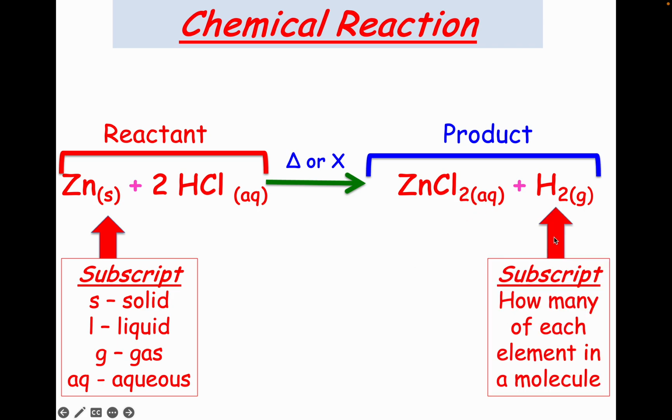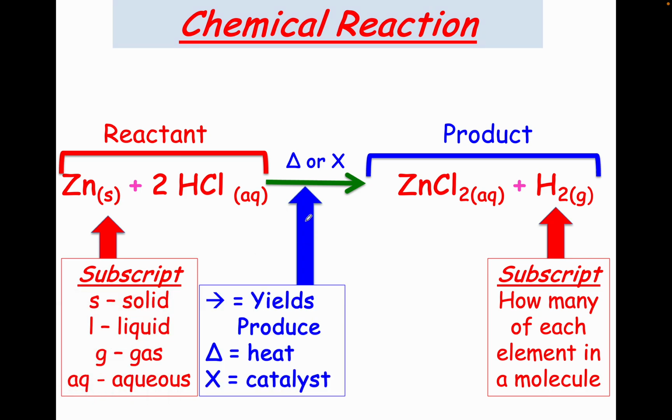Now, if you have a subscript that is a number, that number is telling you the number of atoms that are in the molecule. So, for example, we have H2, so two hydrogens. Now, the arrow means to produce or yield, and the triangle is the Greek letter delta. It stands for heat.